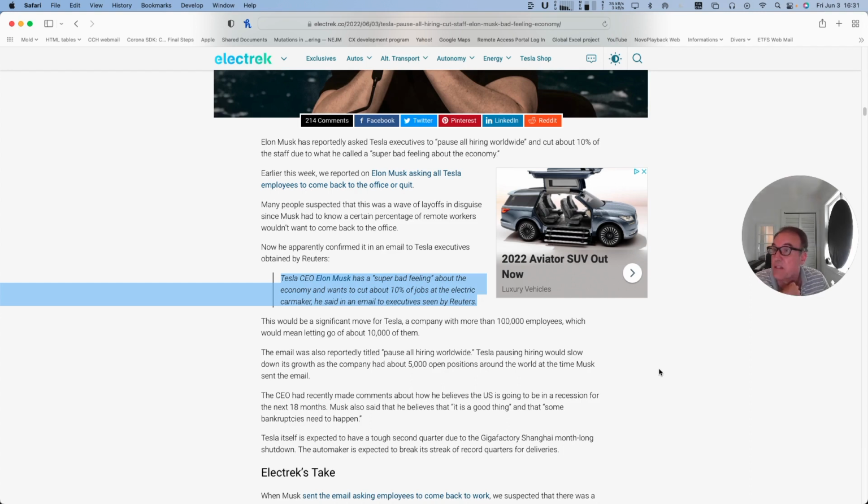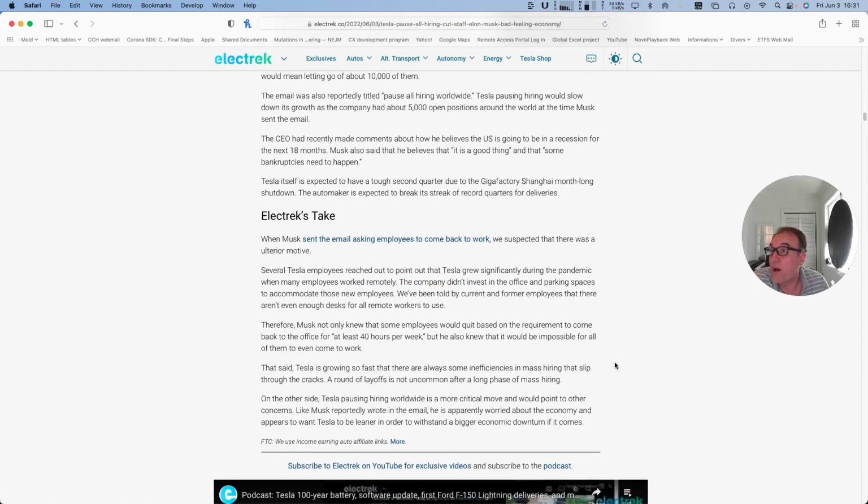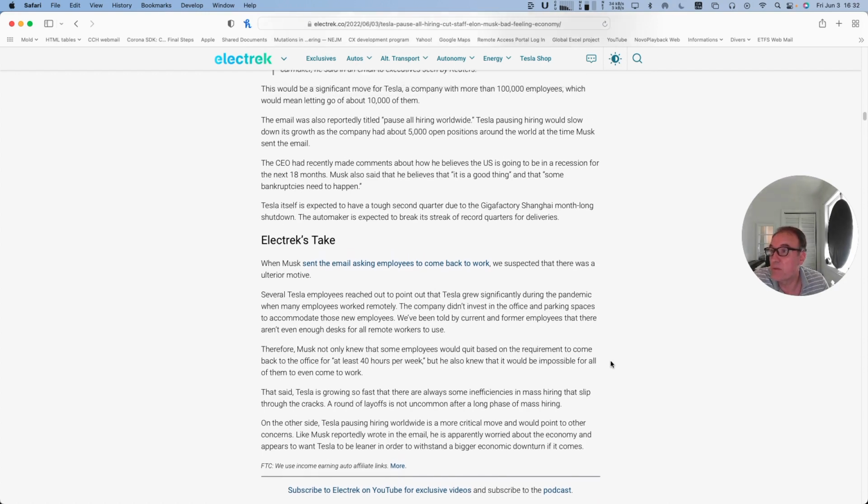So if Tesla has a bad feeling about the economy, and Tesla is doing extremely well in terms of the revenue increase year per year, they are growing at over 50%, maybe this does not bode well for other automakers and the economy in general.